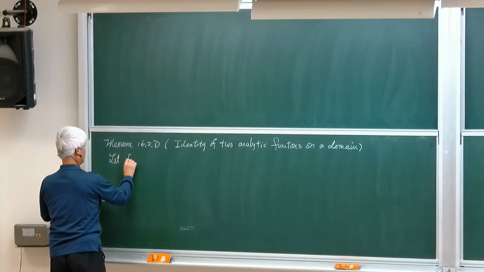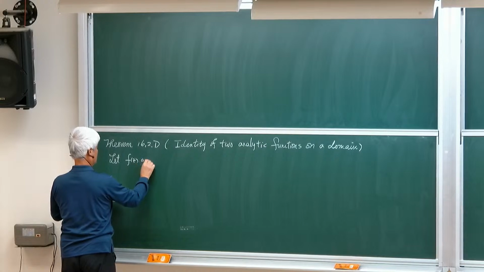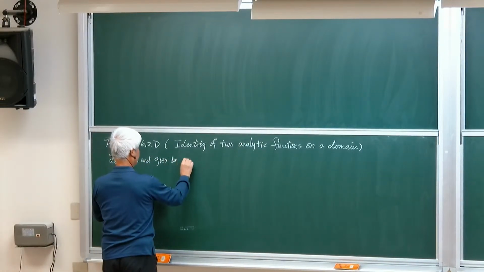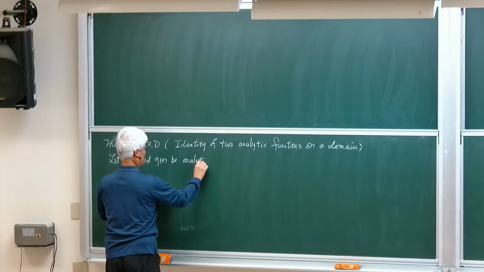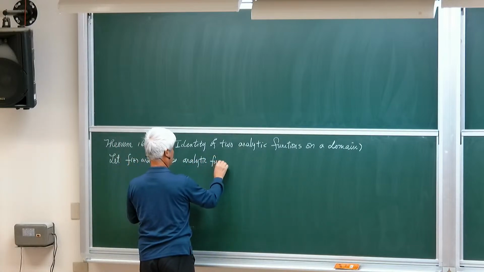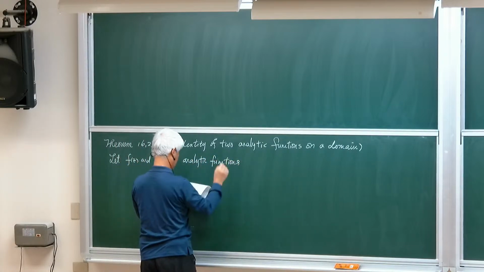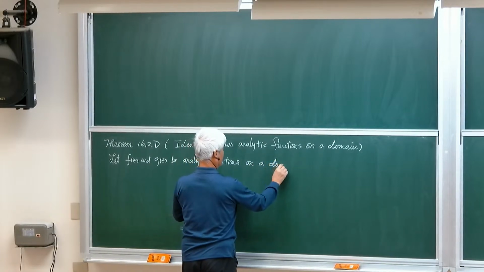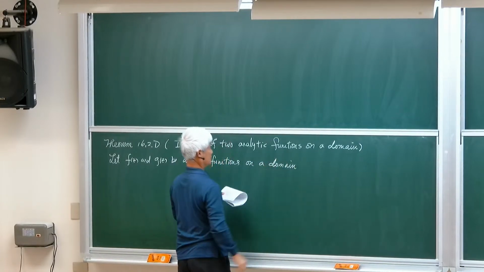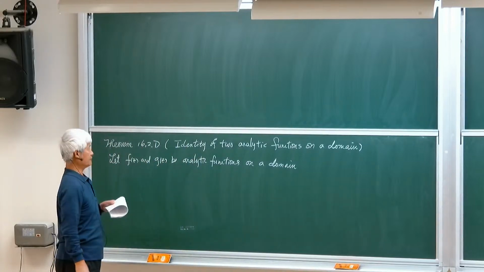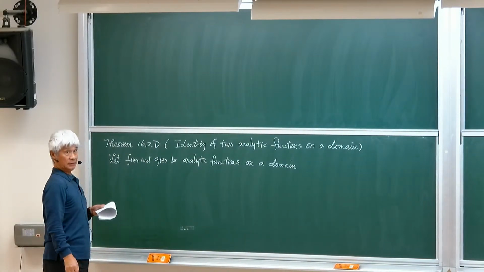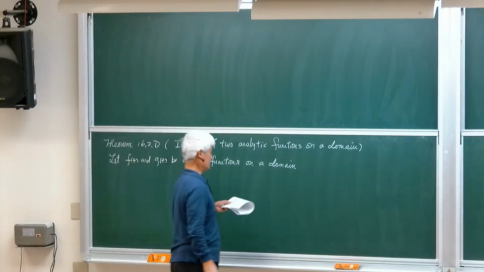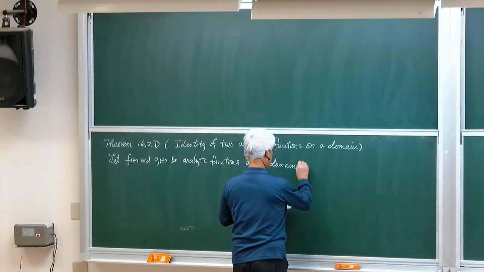Let f(z) and g(z) be analytic functions defined on a domain. It's very important that we consider two analytic functions on a domain. And as we know, a domain is just an open connected set in the complex plane.